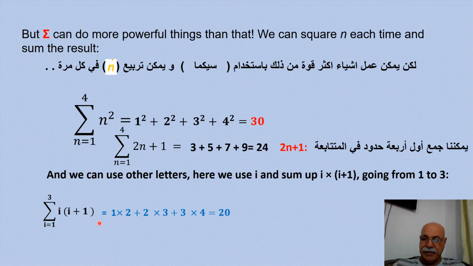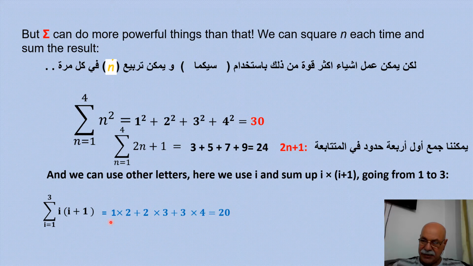هنا تفسيرها بالعربي تفهموها. I مضروب في I plus 1 meaning 1 plus 1 is 2 times 1, because I is 1, then 2 times 3, this 2 times 3 it becomes plus 3 times 4, because there are 3 terms: this 1, this 2, this 3.